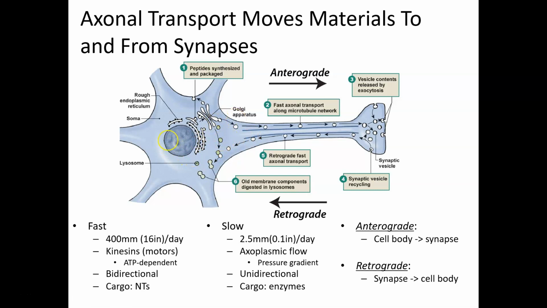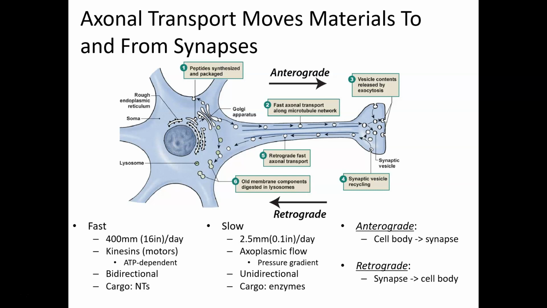So this type of movement, the fast, is bidirectional, and primarily the cargo tends to be neurotransmitter material, whether it's a neurotransmitter or the portions of the neurotransmitter to bring back and reassemble. It doesn't matter, but those are what typically happens there.